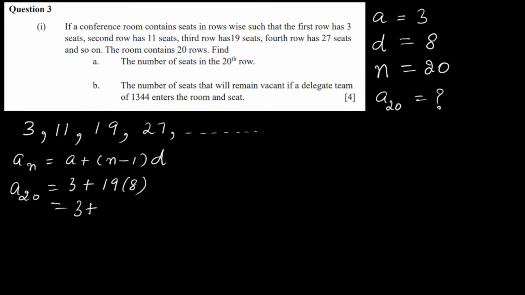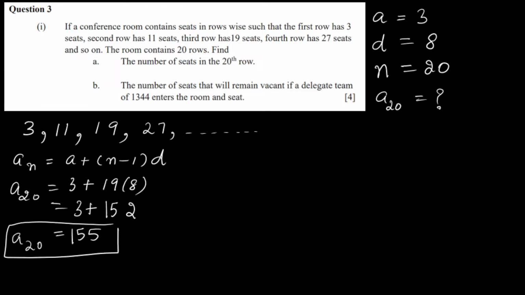You can multiply 19 into 8 and tell me the answer. 152 plus 3 is 155. So A20 is equal to 155.